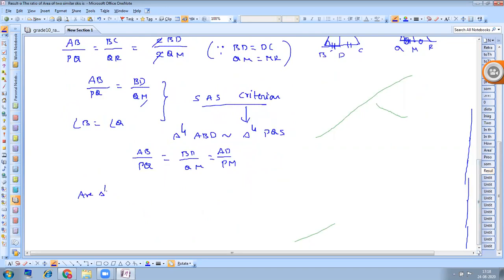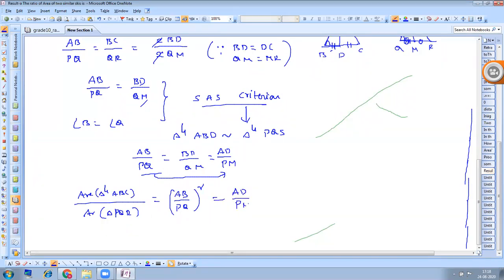Area of triangle ABC divided by area of triangle PQR will be equal to (AB by PQ) whole square. This (AB by PQ) whole square can be replaced with (AD by PM) whole square, which is nothing but the ratio of the squares of the medians of both the triangles.